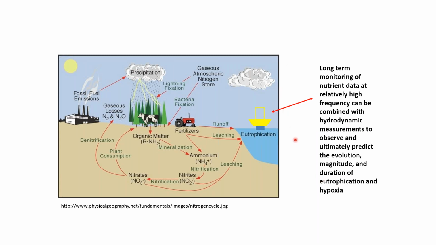So we've been funded to put our buoys out, initially to look at hypoxia, but now to start looking at how high-frequency nutrient data can further elucidate what we know about the hypoxic cycle.